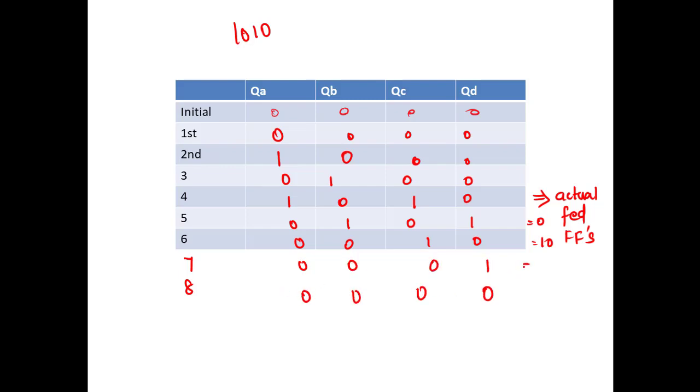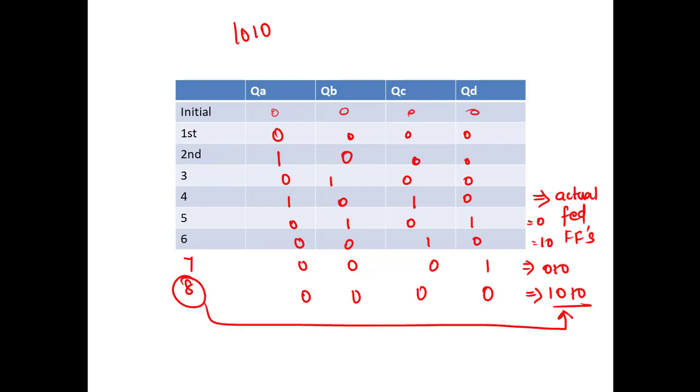So now here it will be 0 1 0, and here it will be 1 0 1 0. So at the end of the 8th clock pulse, the entire 4 bits of data we can receive one after the other. This is regarding your SISO shift register.